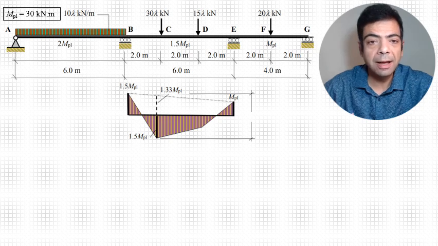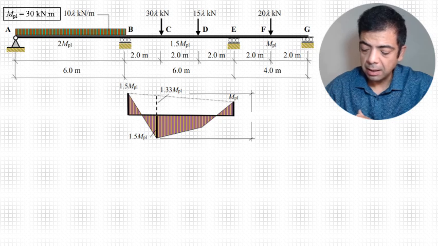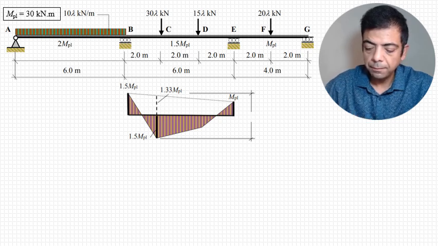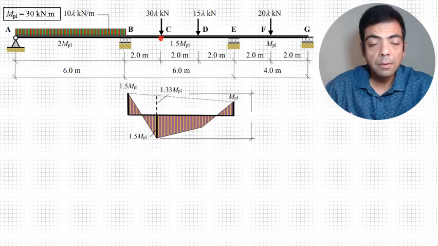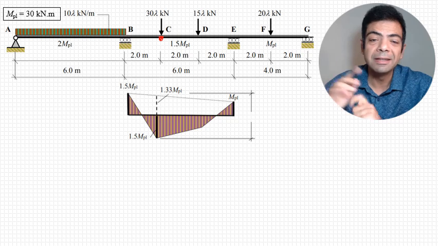First, we will assume that the plastic hinge is at C. Then we will figure out lambda, and we'll solve it again, assuming that the plastic hinge is at D, solving for lambda, and then we'll take the smallest.